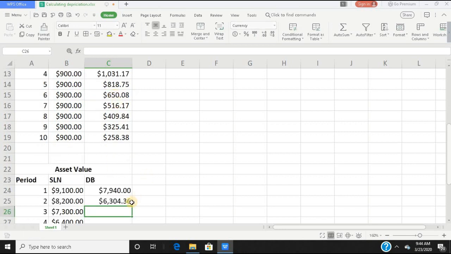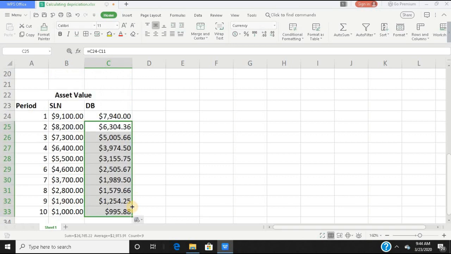Okay, when you drag, you would see that in diminishing balance, it's not a uniform form of diminishing. Okay, so you may not end up with the exact 1,000 of residual value. It would be somewhere close to 1,000. Okay, so you can see it ends up at $995.88. Okay, so this is how the residual value or the asset value over a period of time operates.